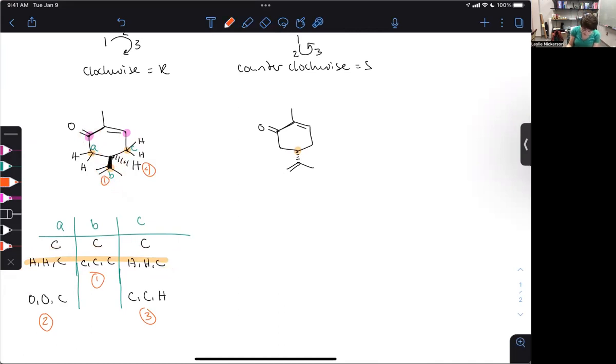So now we have our priorities. A is 2 and C is 3. Okay, so now we go ahead and draw our circle. We're going to go 1 to 2 to 3, and that is going clockwise.